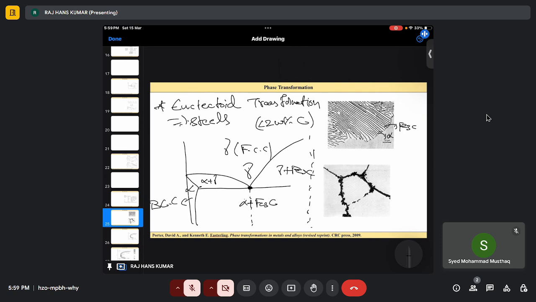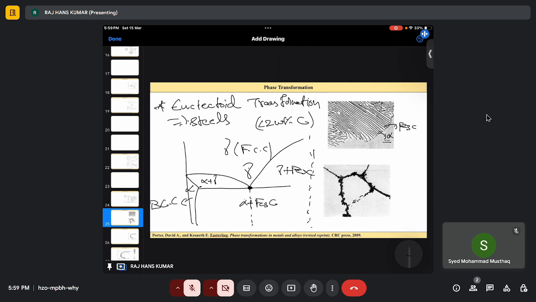Now, if I have a high amount of undercooling, then the grain boundary regions will be saturated with the formation of this alpha plus Fe3C, because the grain boundaries are more favorable for the nucleation of alpha and Fe3C.